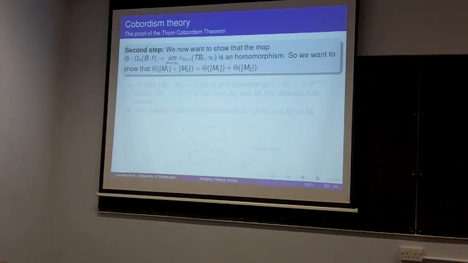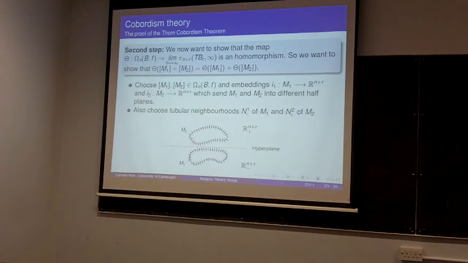And well, to do this, what we want to show is in fact what I have there, that the map, well, you have it there. So what we want to do is, we have two embeddings of M1 and M2, and we have them embedded in two different parts of R^(N+R).